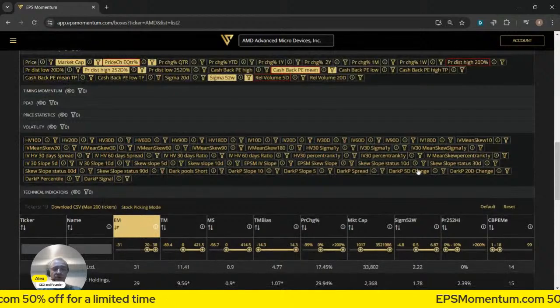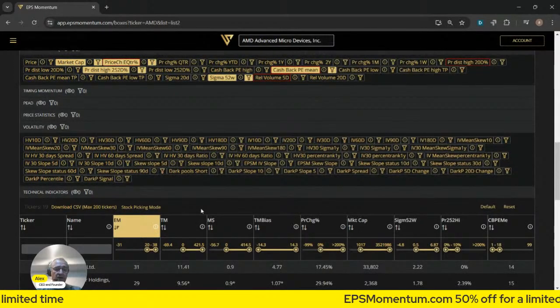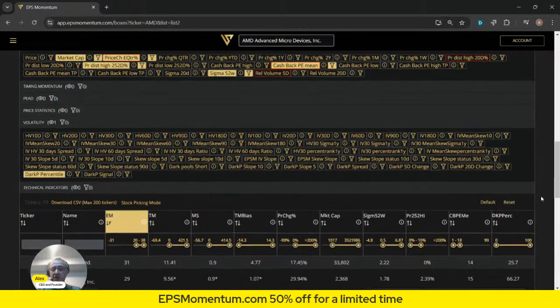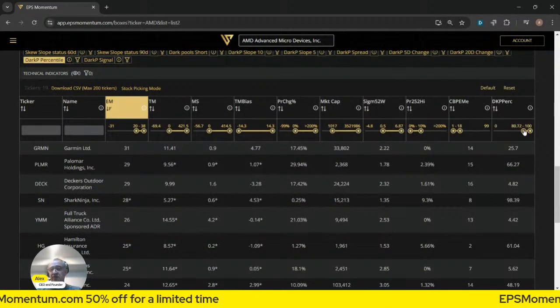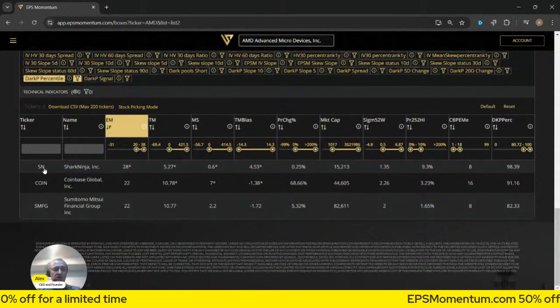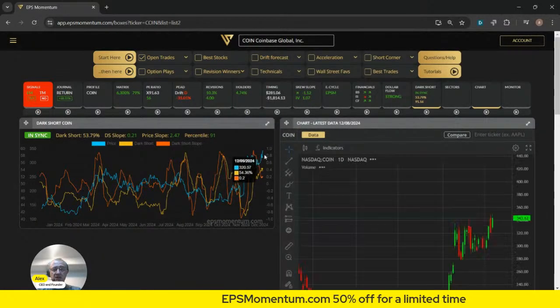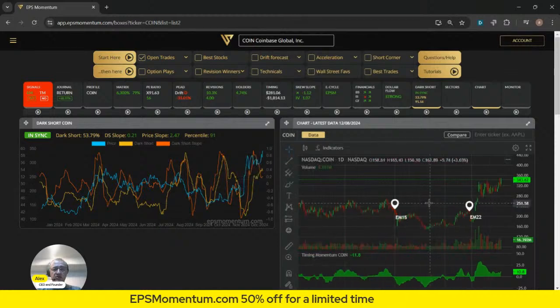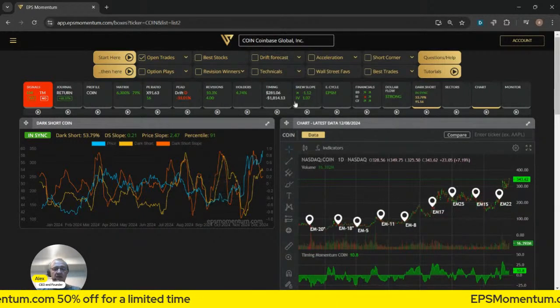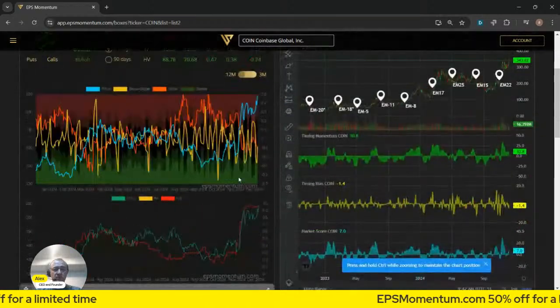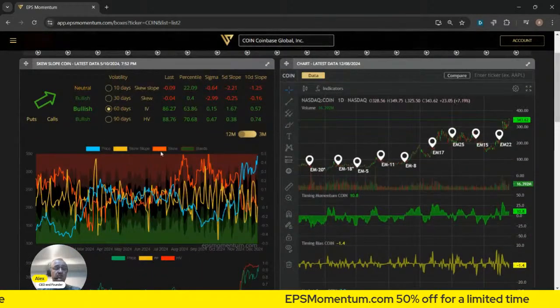So in the screener, you can look for, again, I have my 19 stocks here. I can look at my dark short percentile. If I have one that is very high up, three stocks, Shark Ninja and Coinbase, I can look at Coinbase. Institutions are buying Coinbase a lot. It's at its high. I'm pretty sure the skew slope is bearish, is bullish, sorry.